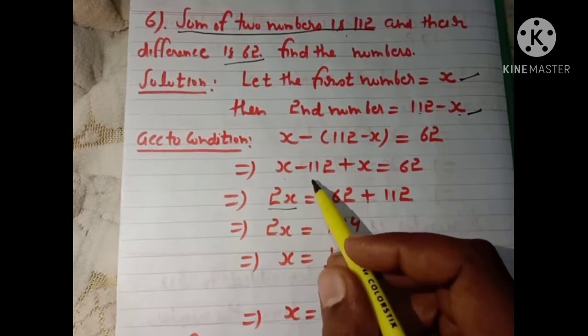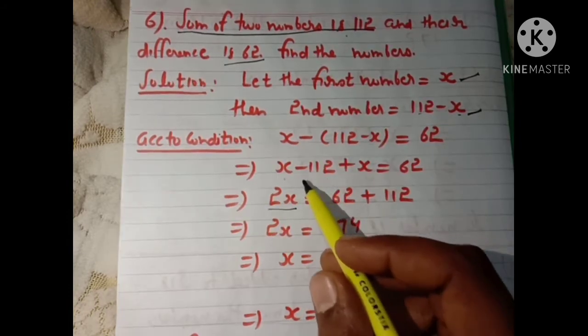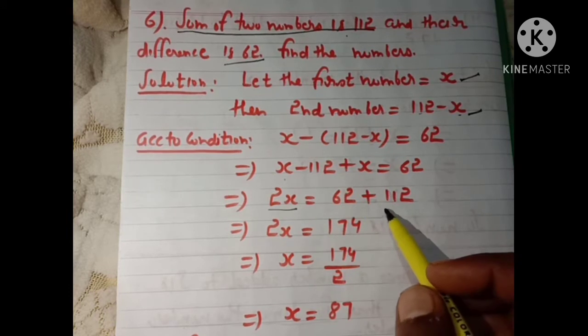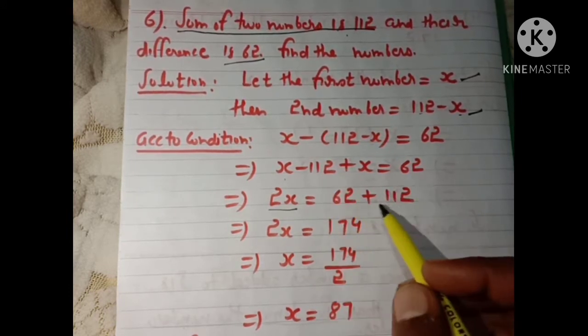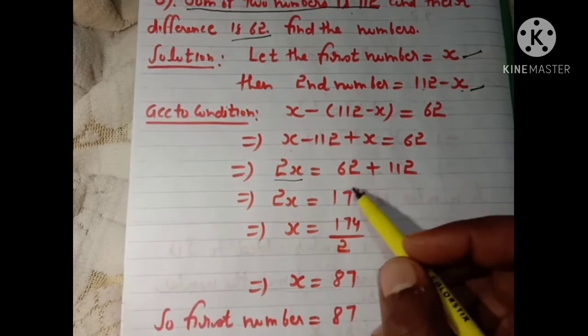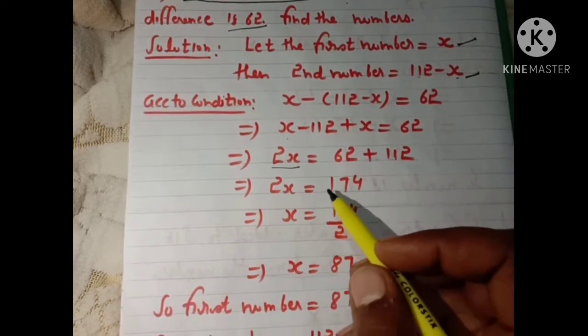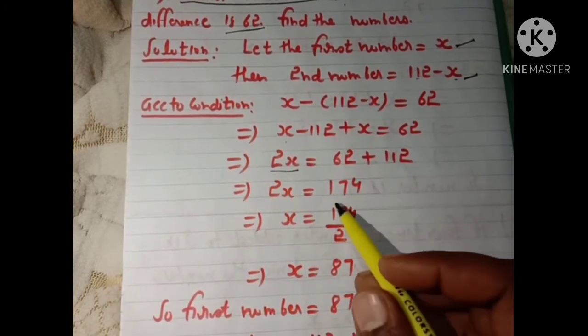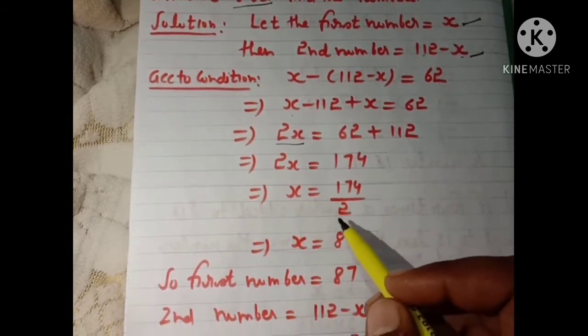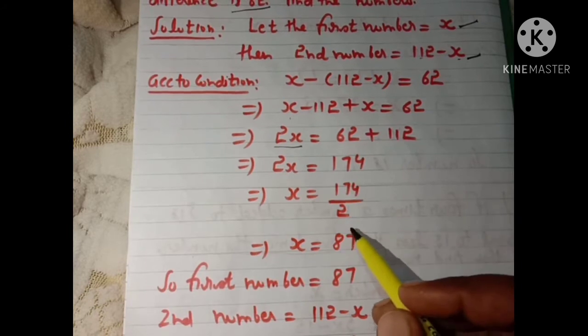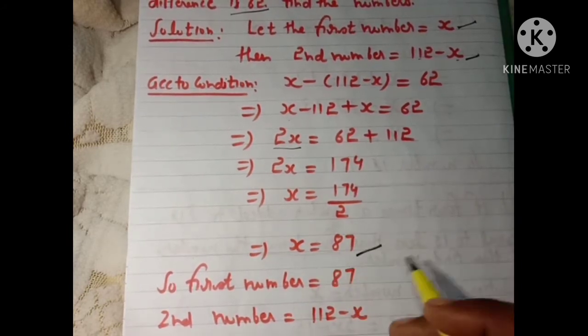And now this 112 is a minus sign. When we take this one on the right hand side, it will become plus, so it will become 62 plus 112. Now this 2x is equal to 62 plus 112, which will become 174. After division, it will become 174 divided by 2, which is 87.